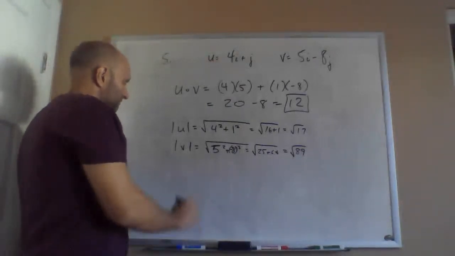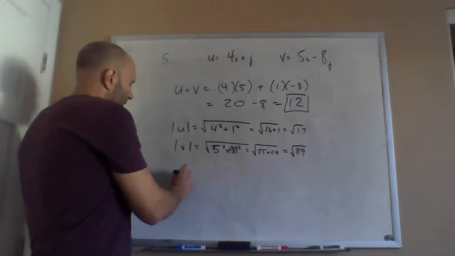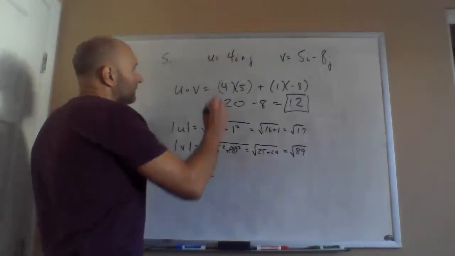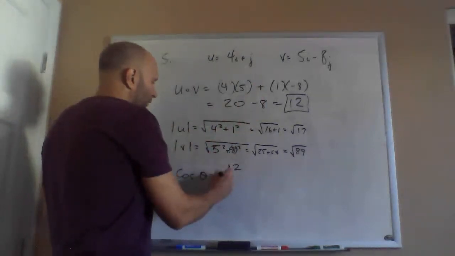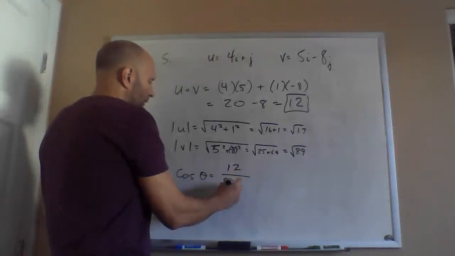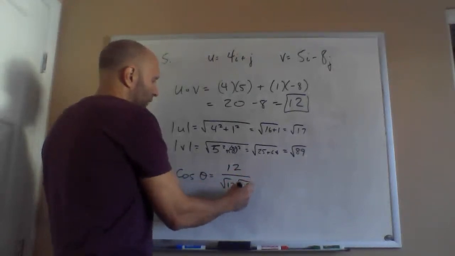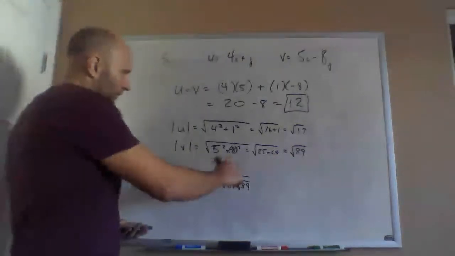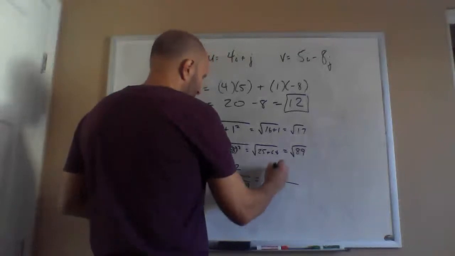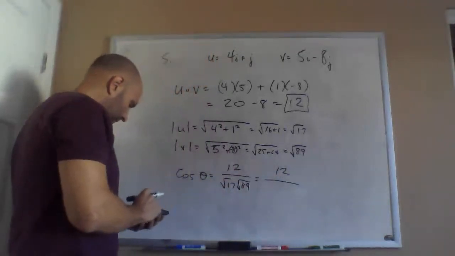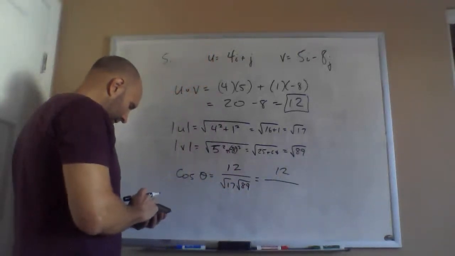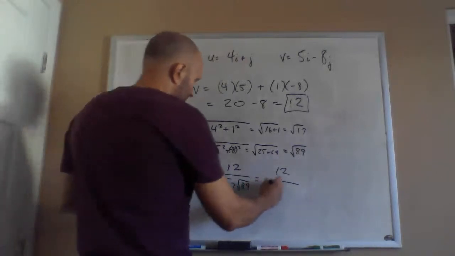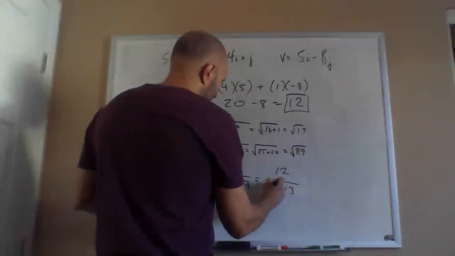So this looks messy. So then our angle between, so we have cosine of theta is the dot product 12 over square root of 17 times square root of 89. So with our radical rules, we can multiply these two. 17 times 89 is 1513.